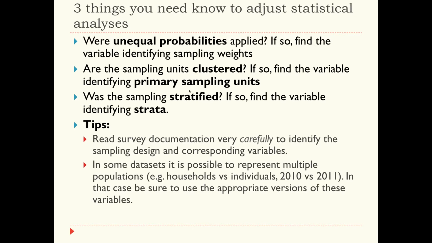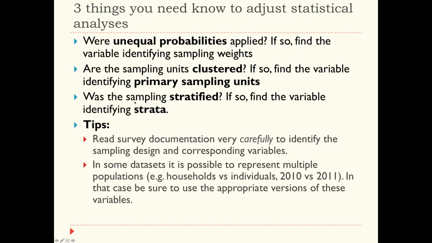Unfortunately, a lot of data sets don't make these variables available or make them hard to find. So, for example, in the Russian Longitudinal Monitoring Survey, sampling weights are easy to find. Primary sampling units, recently they started publishing a variable called PSU. Before that, you really had to do a lot of work to construct these PSUs. And it's still difficult.